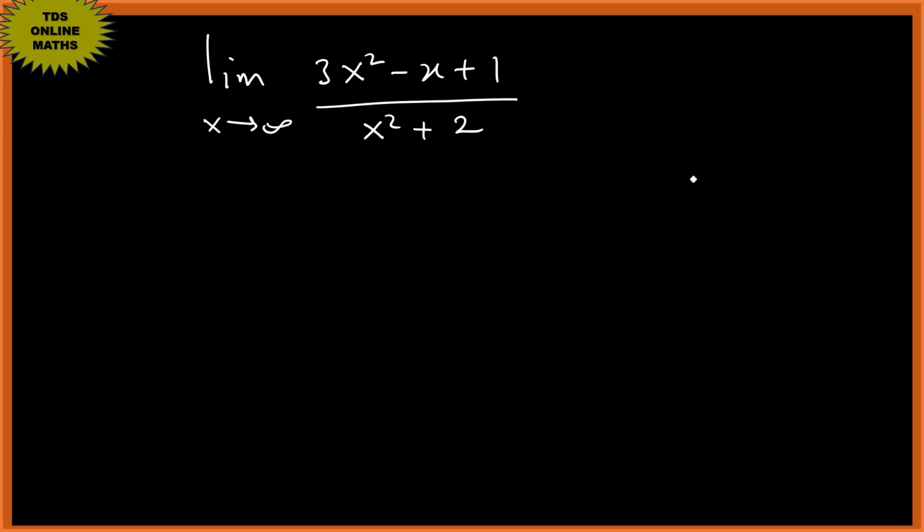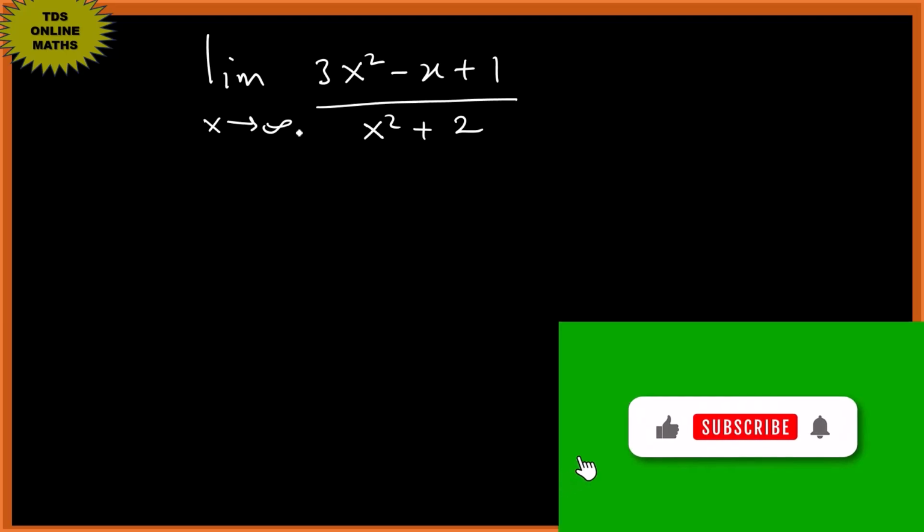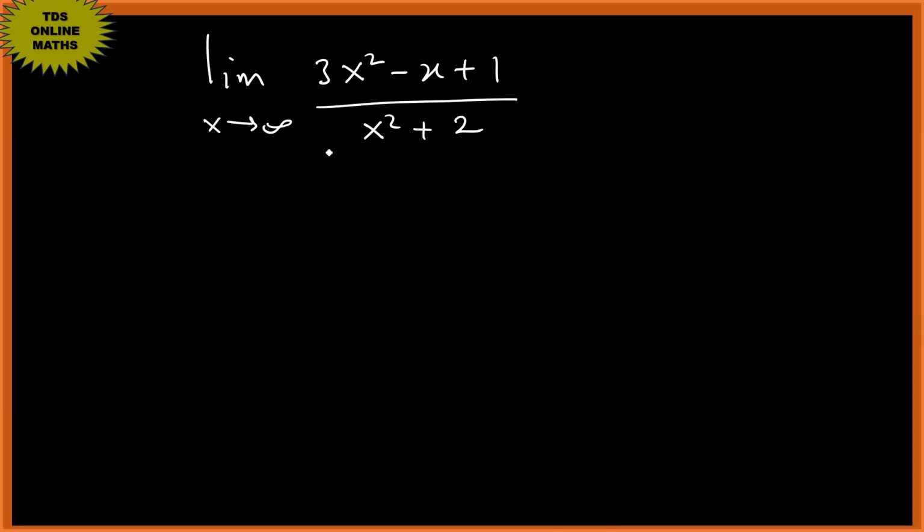All right, so let's consider this limit. Okay, now this one is limit at infinity. So to evaluate the limit of a given function as x approaches infinity, we always divide each term in the function by the x with the highest power.